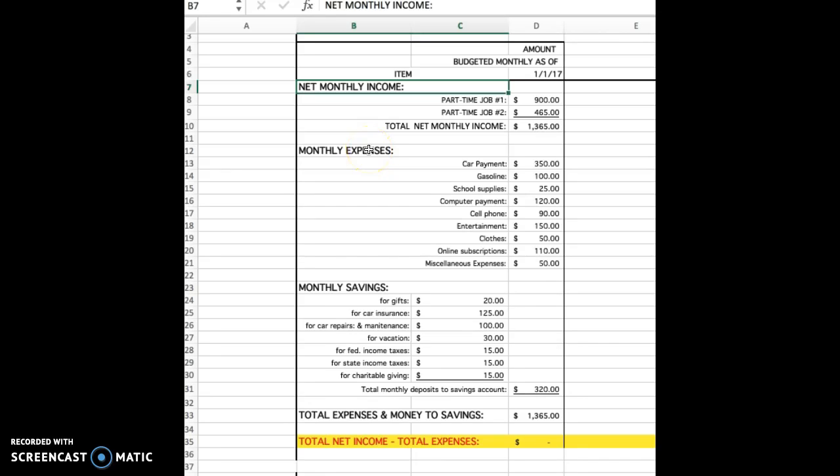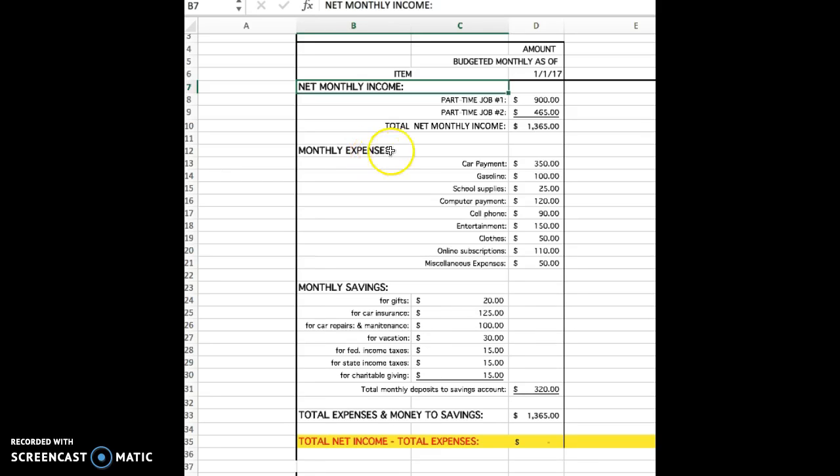Now this is a net monthly income, not the gross. So after all those deductions you learned about are taken out, all the taxes, federal, state taxes, all the optional retirement plans, that sort of thing, all those things are deducted from the gross pay, ending up with net pay, in other words, the take-home pay. That's what we're looking at.